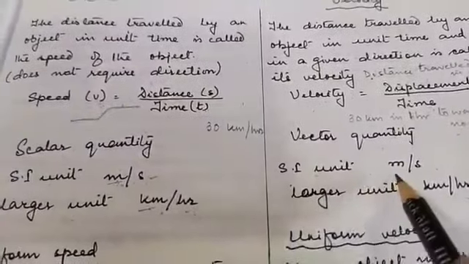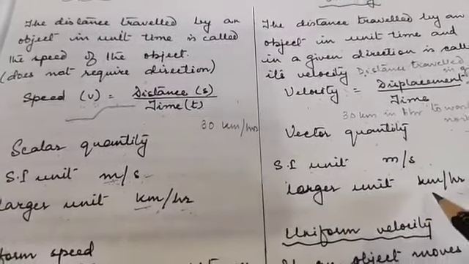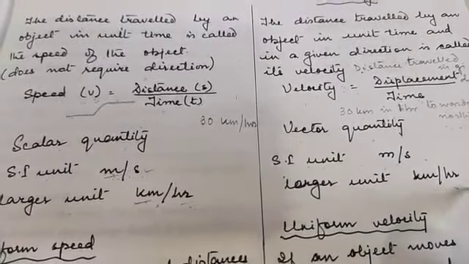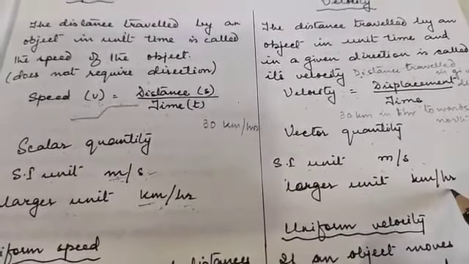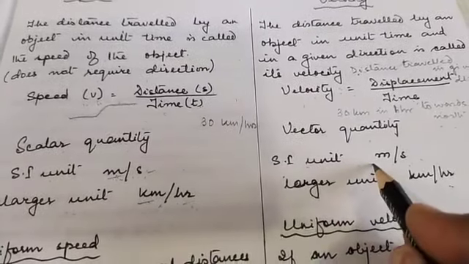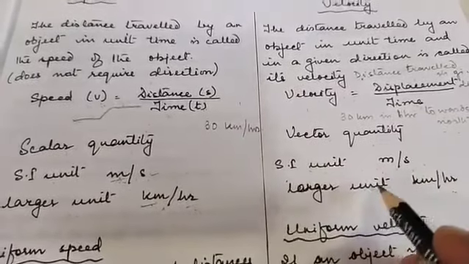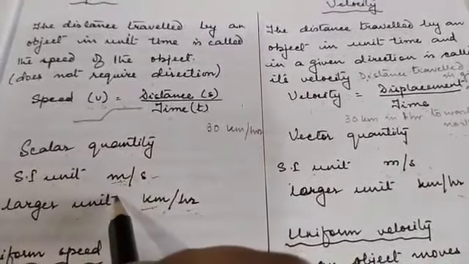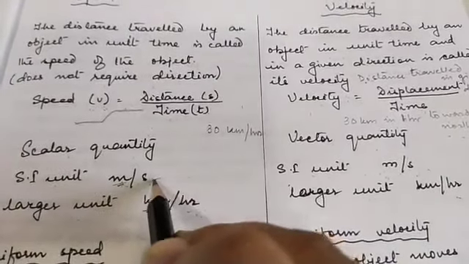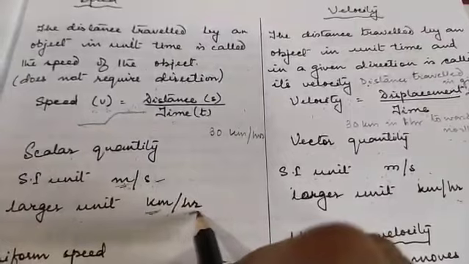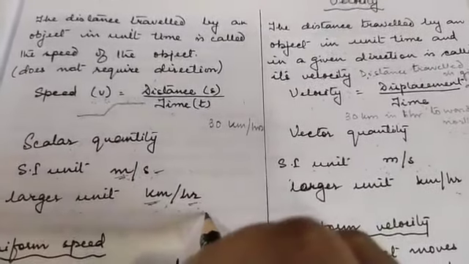SI unit same as that of speed, that is meter per second, and for larger measurements we take kilometer per hour. Now how to convert meter per second to kilometer per hour? First you need to convert meter to kilometer and then seconds to hour. So you can easily get kilometer per hour.